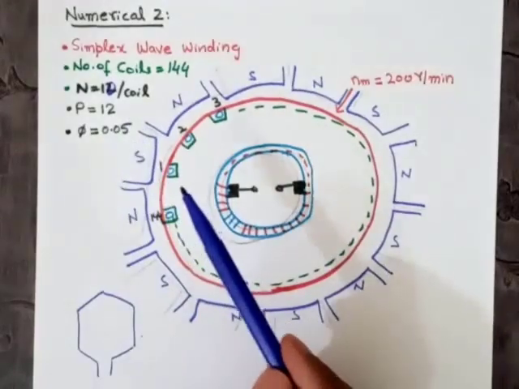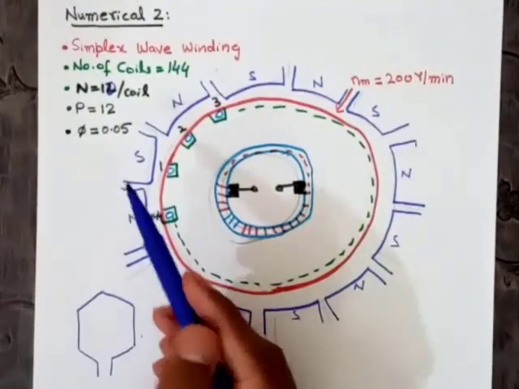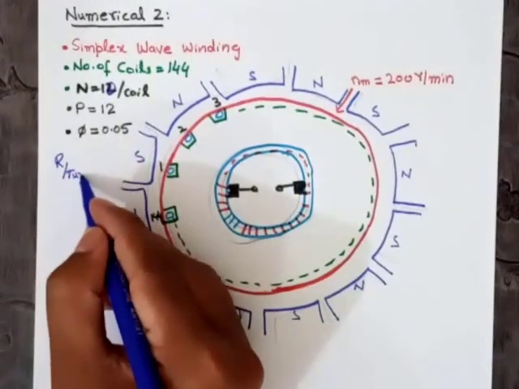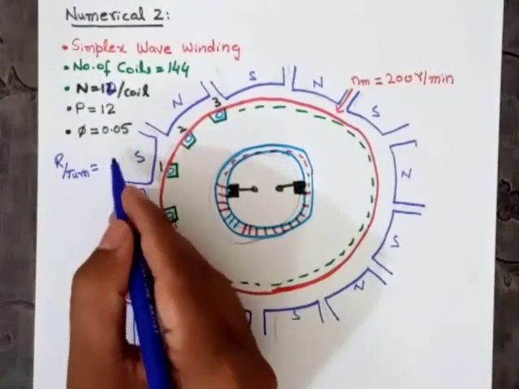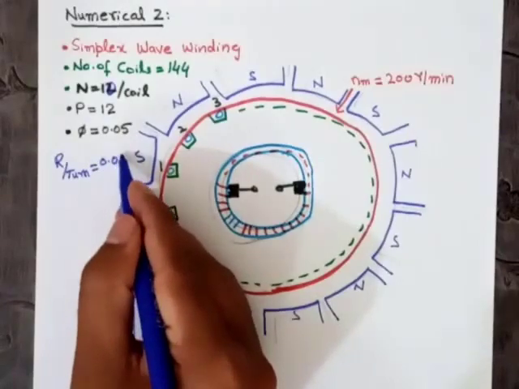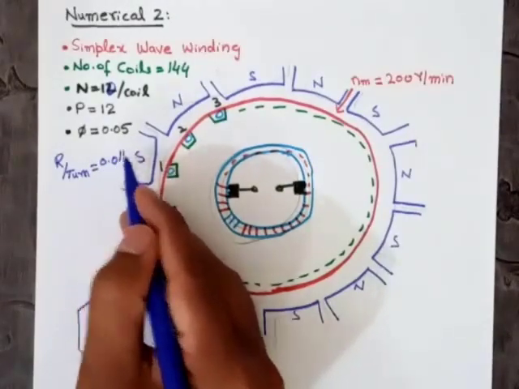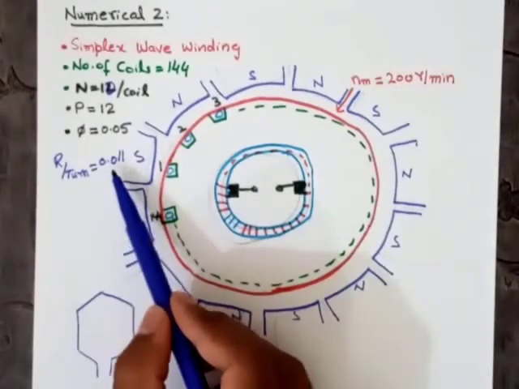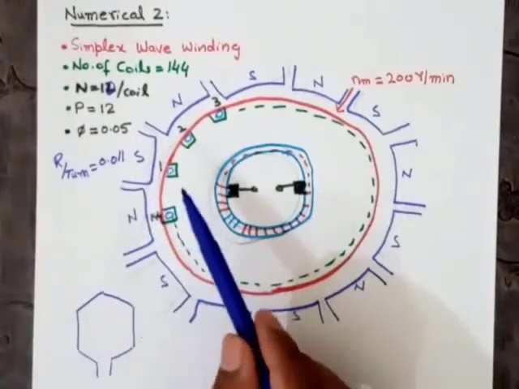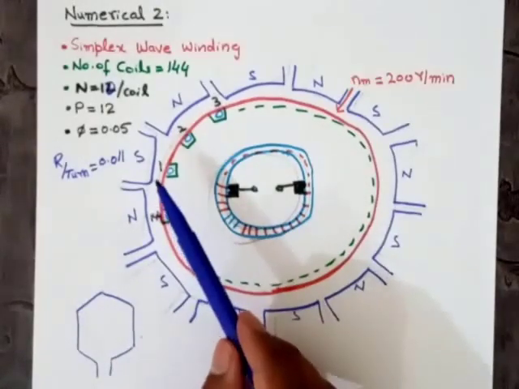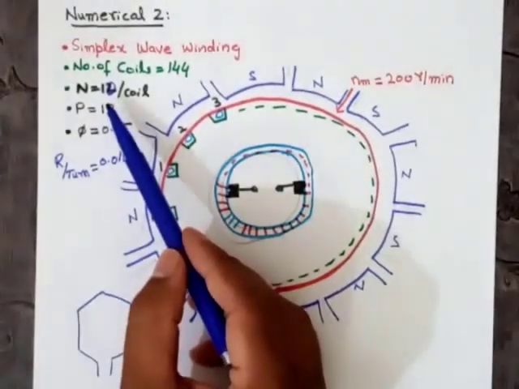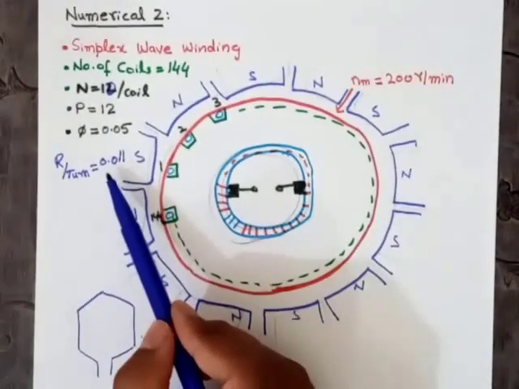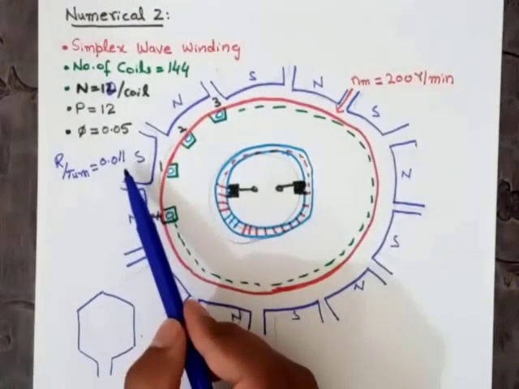The value of the resistance of each turn is given. Resistance per turn is equal to 0.011. Here the total number of coils are 144. Each coil consists of 10 turns. The resistance of each turn is R is equal to 0.011.